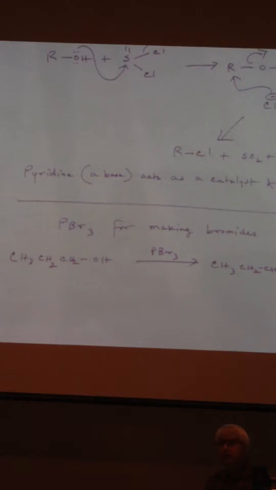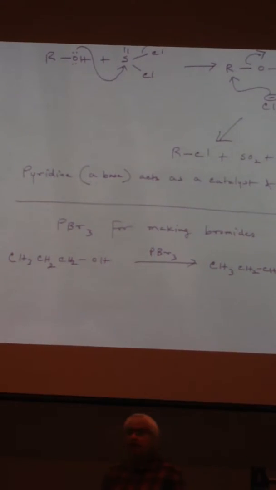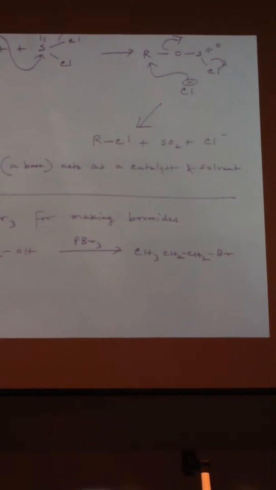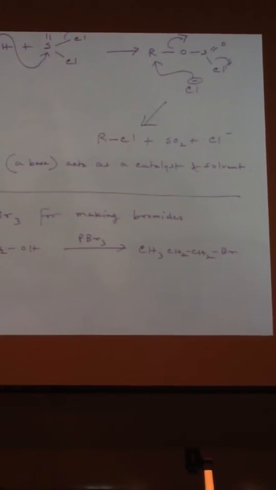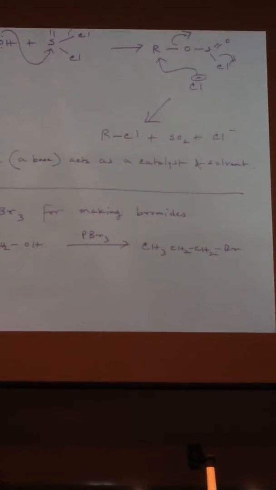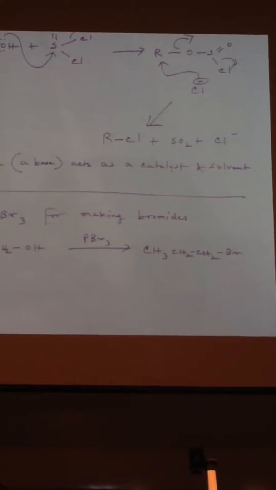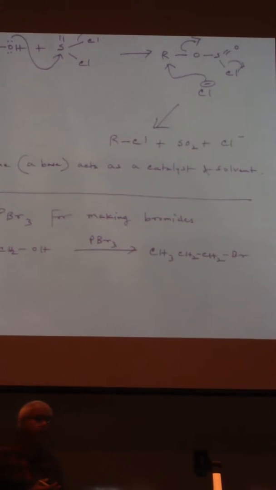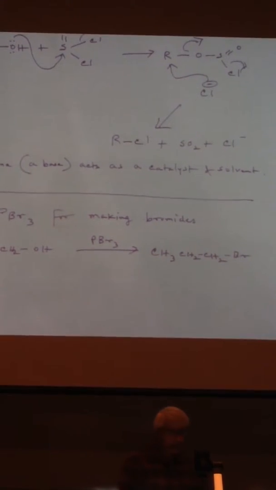And typically when we use an arrow indicating a reagent being used, normally we don't care about the stoichiometry. You don't have to actually make a balanced equation, but you really want to concentrate on the organic material that is generated. So this is a method of converting an alcohol to a bromide.